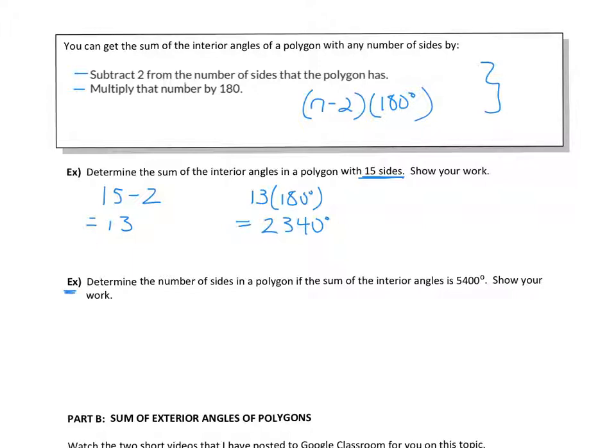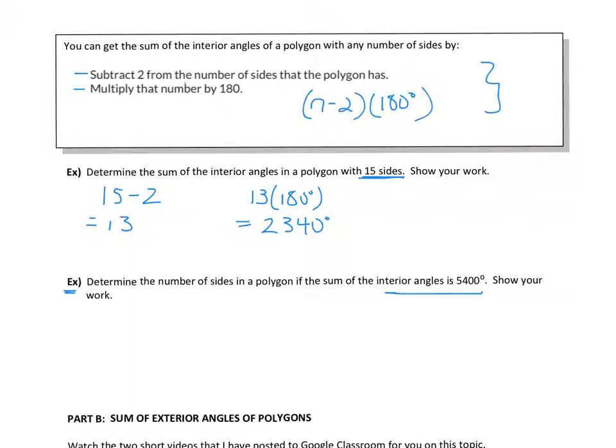Let's read through it, and then I'll put the video on pause, and you can give yourself a chance to try it out, and then you can play again to take it up. Determine the number of sides in a polygon. So we don't know how many sides there are, but we know that the answer we get for all of the interior angles added together would be 5,400. Show your work. So this is kind of working backwards.